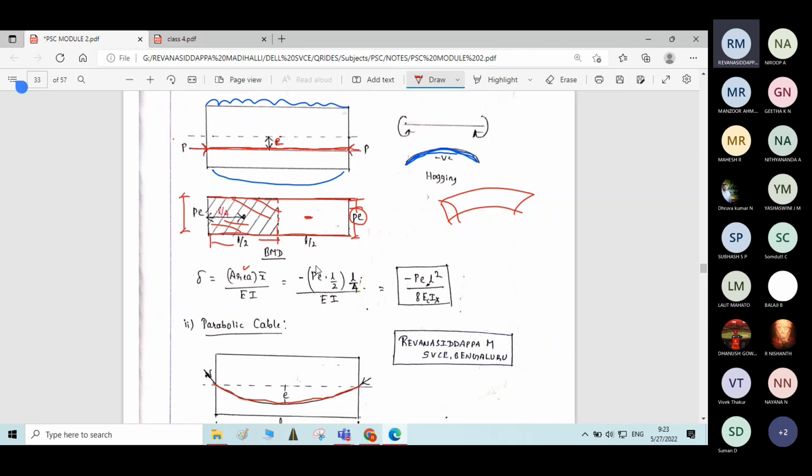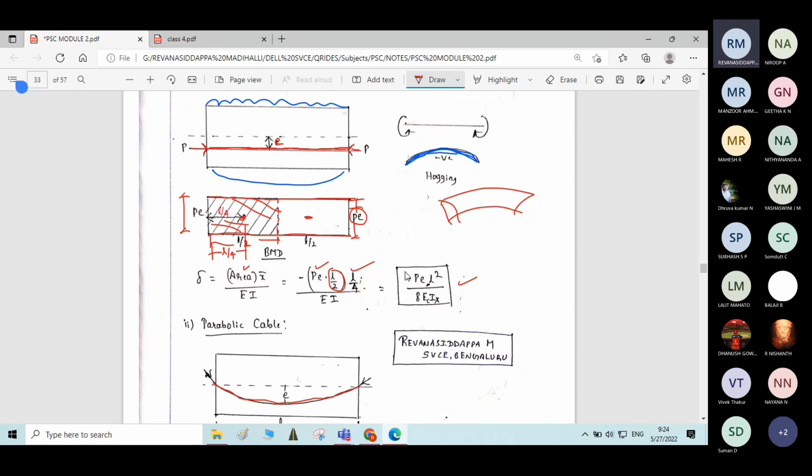Then x bar, the distance of the centre of this rectangle from the nearest support, is total width L by 2 divided by 2, which becomes L by 4. Finally, the equation is PE L square divided by 8EI into X, with the negative sign.